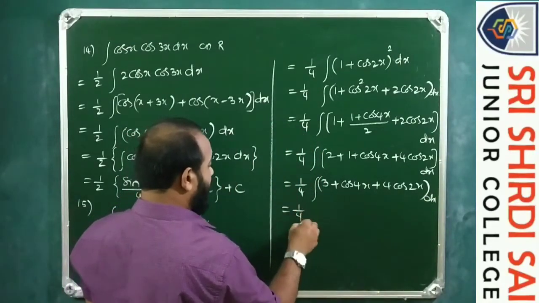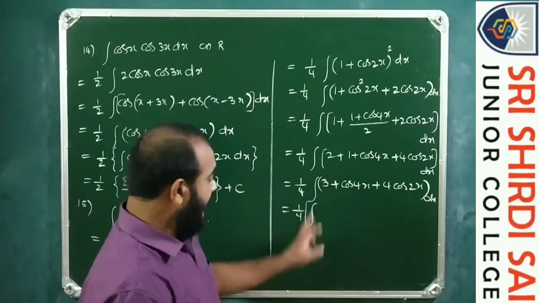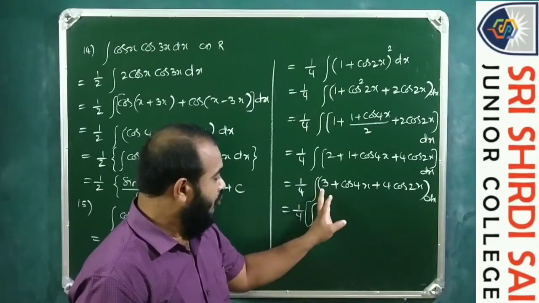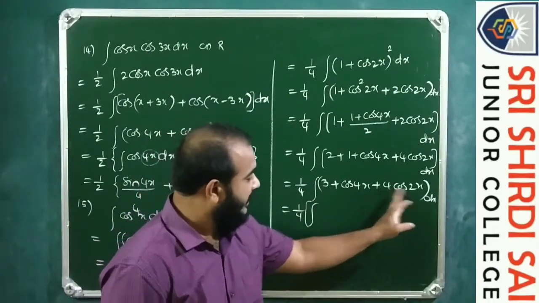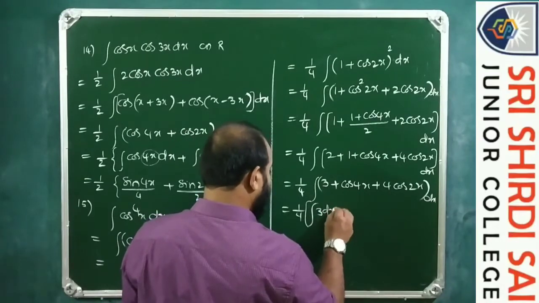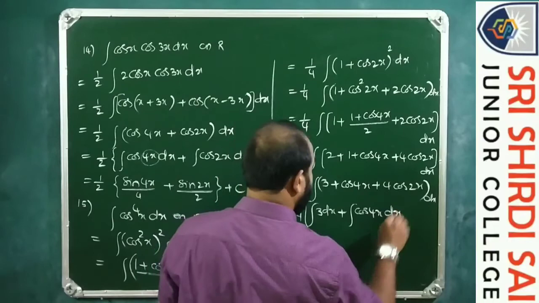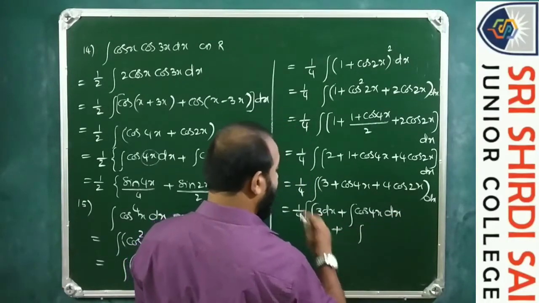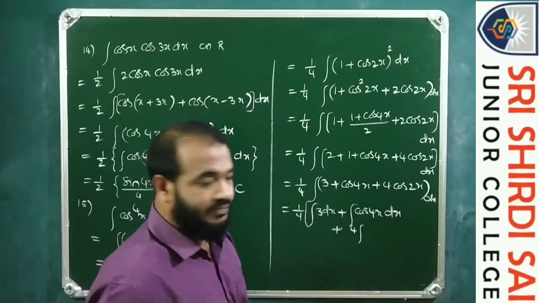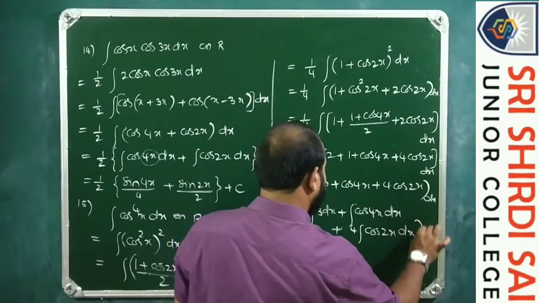So 1 by 4 integral. Here the integral dx is distributed to 3 integrands. So integral 3 dx plus integral cos 4x dx plus integral 4, separating it from the process of integration, integral cos 2x dx.